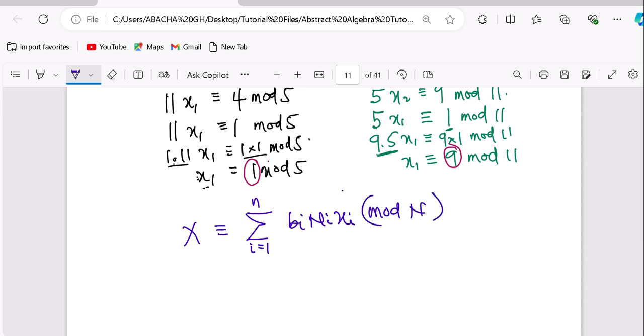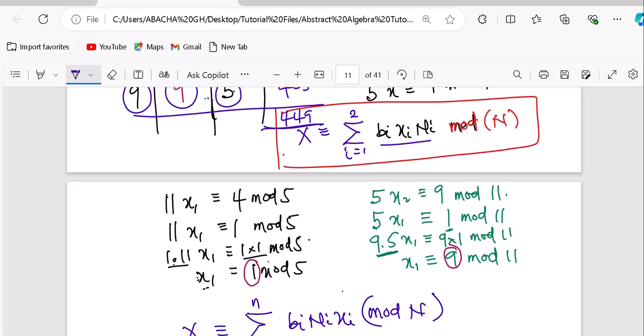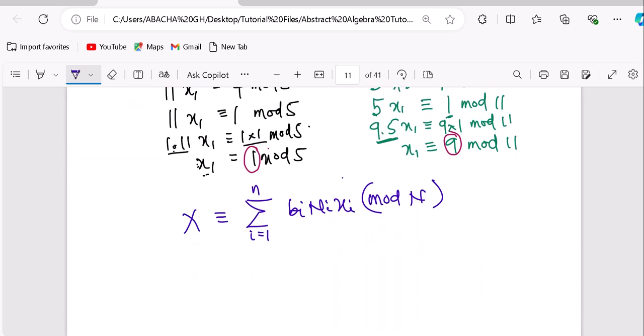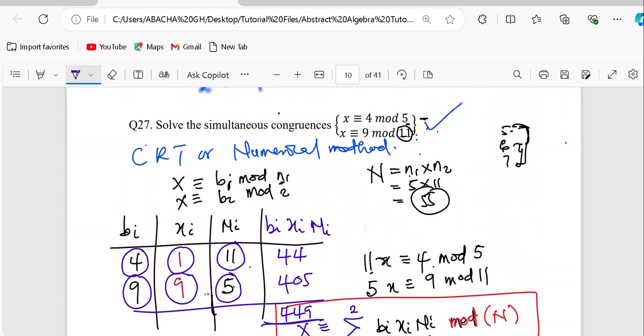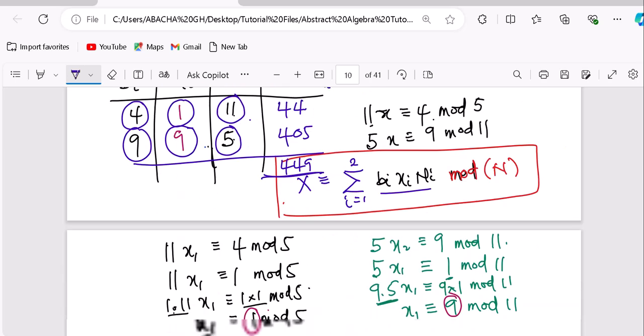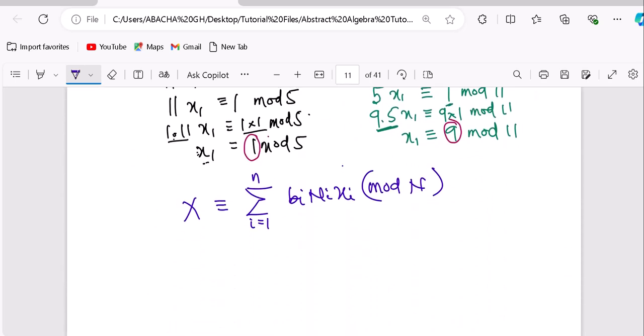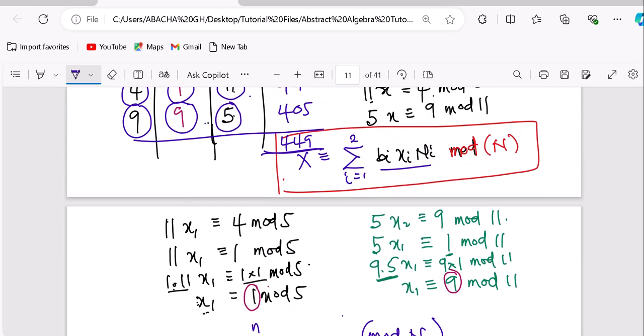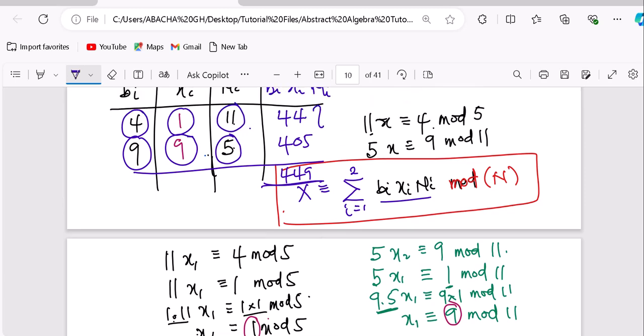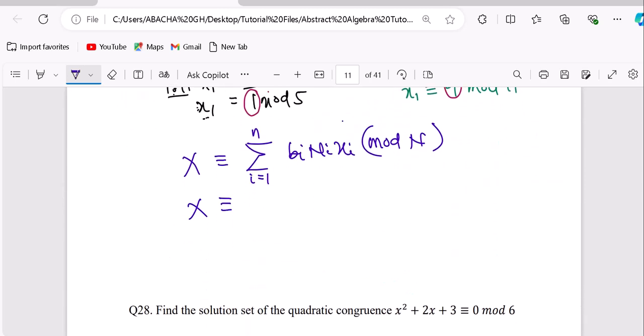We know the value of our N. Our N is 55, of course, because when we did the multiplication here, we got 55. So right now we have x congruent to 449 mod 55, where 449 is the summation from adding this part.